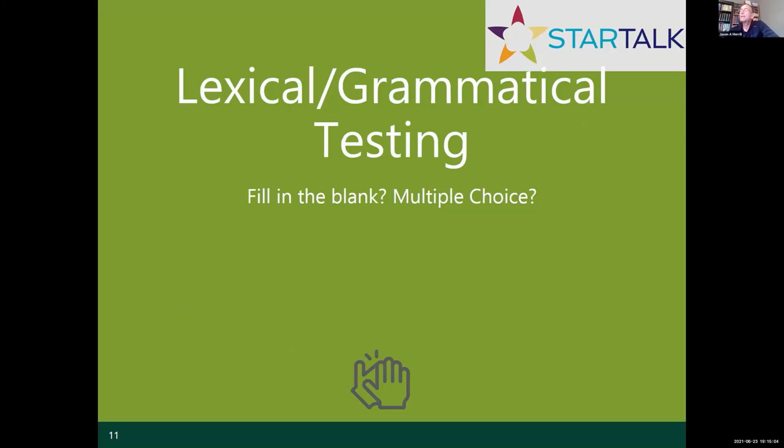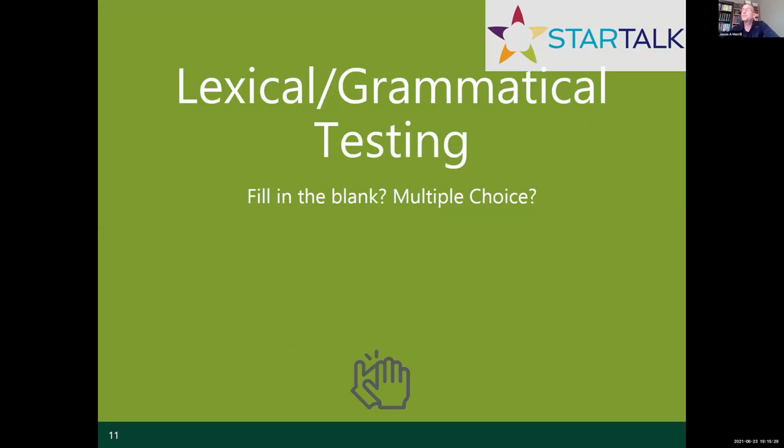We also do lexical grammatical testing. And in fact, we do two kinds. We do fill in the blank and we do multiple choice. We do multiple choice because of spelling. Well, with multiple choice, if you're a little off on spelling, you can still guess. Say, I think the word's spelled this way, but I'm not sure.